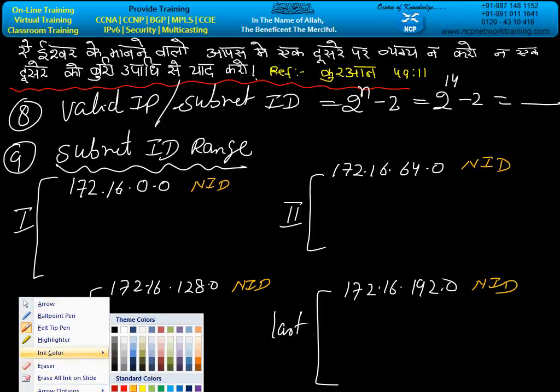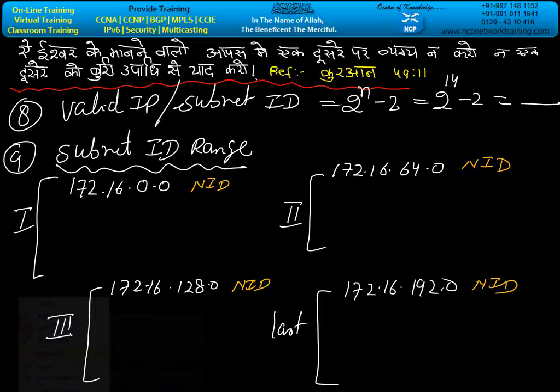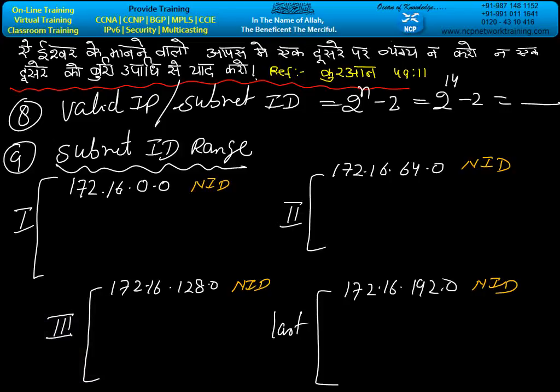Now, after writing the NID of each subnet, we want to write the broadcast ID of first subnet. The broadcast ID of first subnet will be -1 from the next NID. -1 from this value will be 172.16.63.255. It's -1 from here.